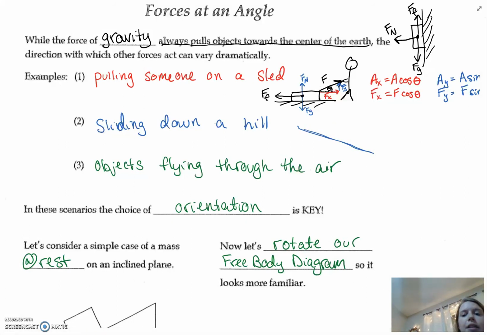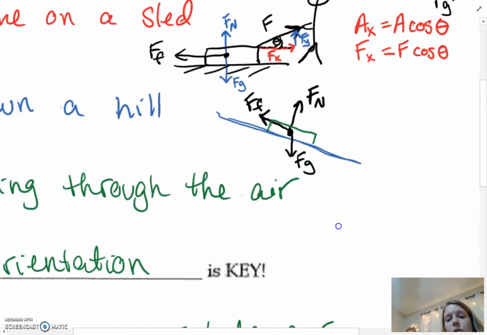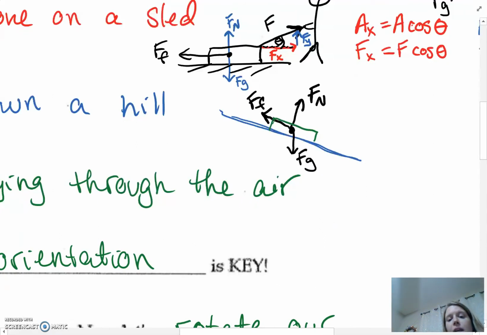And if our person, let's say, is sledding down the hill, their force of gravity is still straight down. But the frictional force acts up the hill and the normal force is still perpendicular. So we need to do something here so we can get our forces lined up.